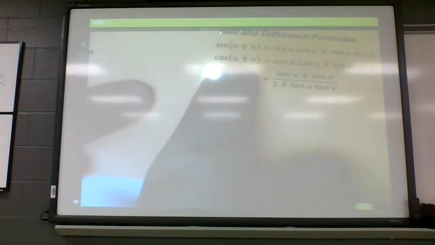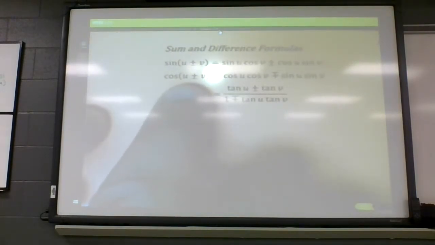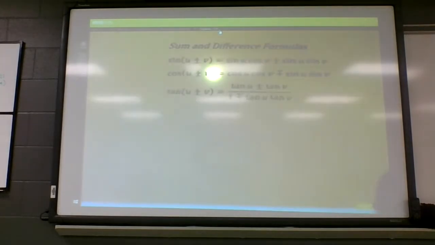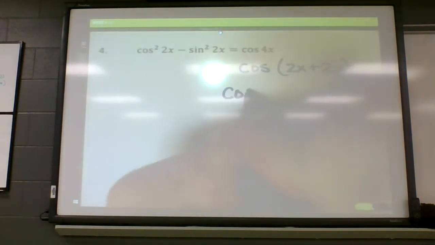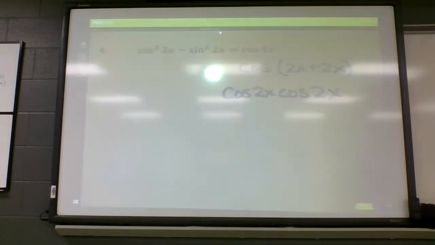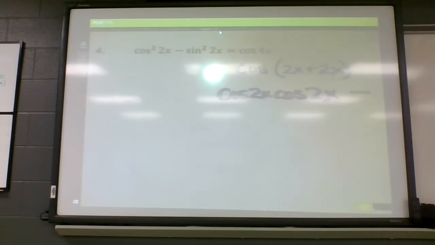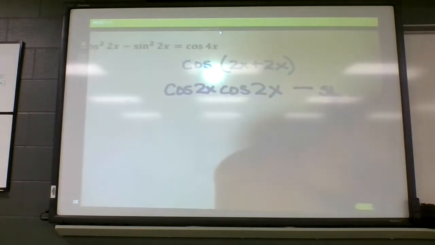Yeah, so we're going to use the cosine sum formula, and we're going to set it up just like this, all right? So it'll be cosine of 2x times the cosine of 2x, because the 2 angles are the same. And then because of the plus, we'll actually have a minus, and this will be sine 2x times another sine of 2x.